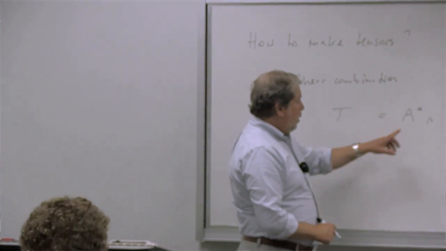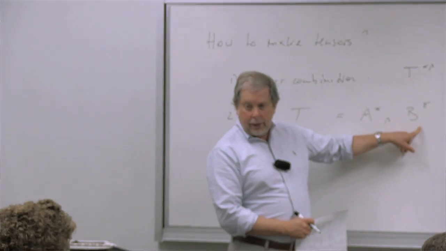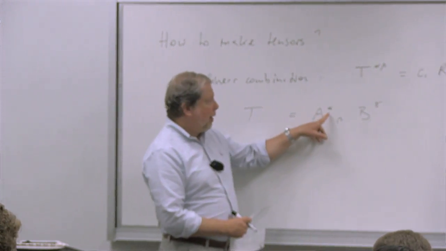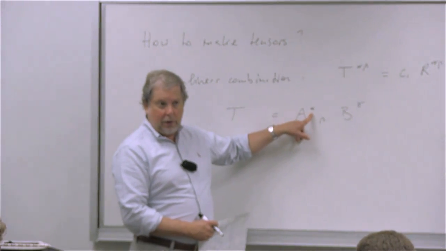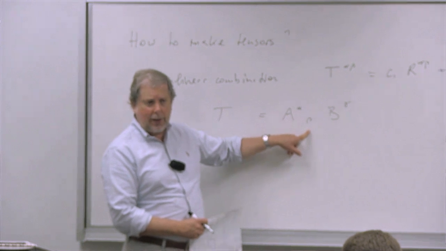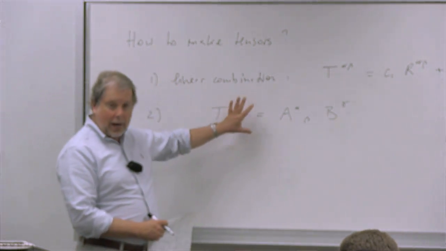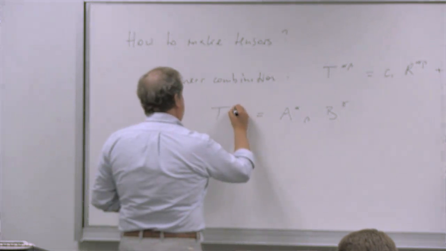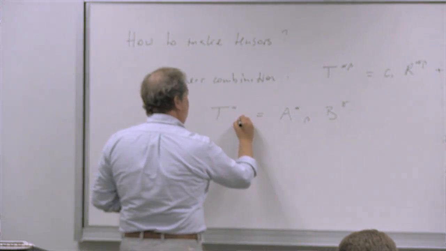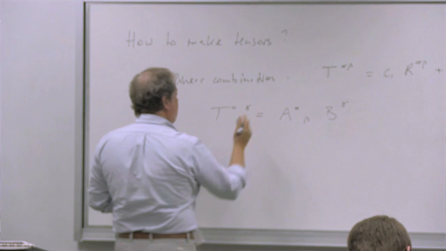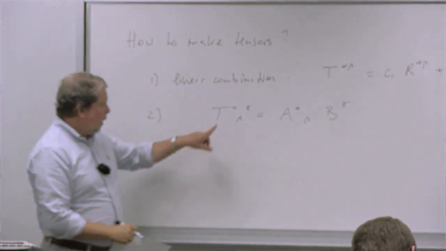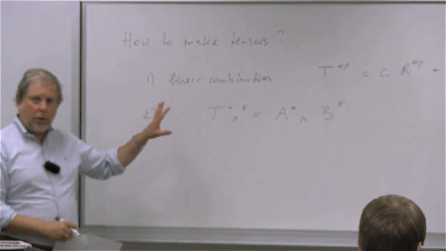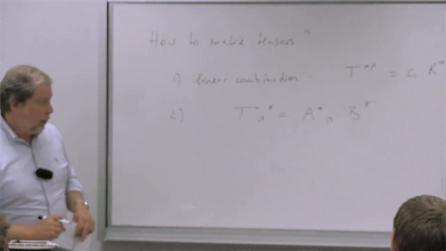So this one is purely contravariant. This is one that is contravariant in the first index and covariant in the second index. And so this tensor has to maintain that structure. So it will have one index up here, a second index down here, and then the third index down there, and this slot here is going to be empty, and that slot is going to be empty. It's very important to maintain the correct position.